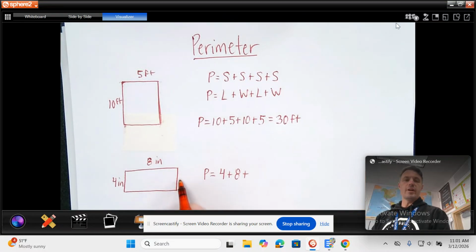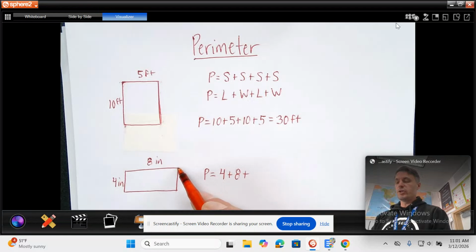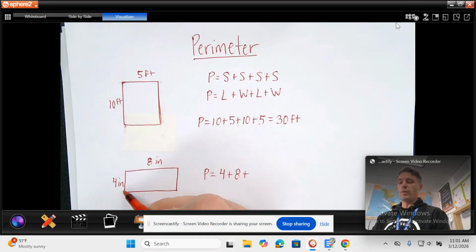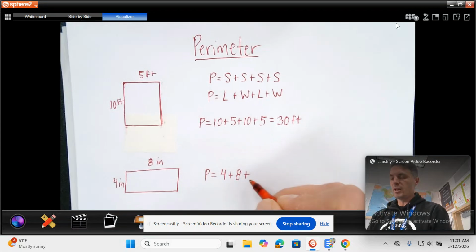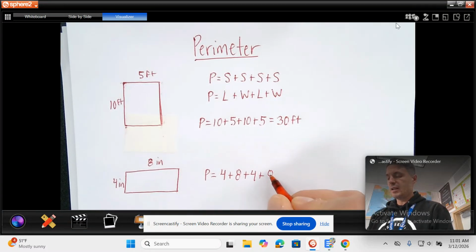Now, since I didn't draw it perfectly, this side is actually a little bit longer than this one, but you have to pretend that I drew an actual rectangle. Just pretend that these 2 sides are the same length because they're supposed to be. So since this side is parallel and congruent with this side, it's 4, plus, and since this side is parallel and congruent with this side, it's 8.